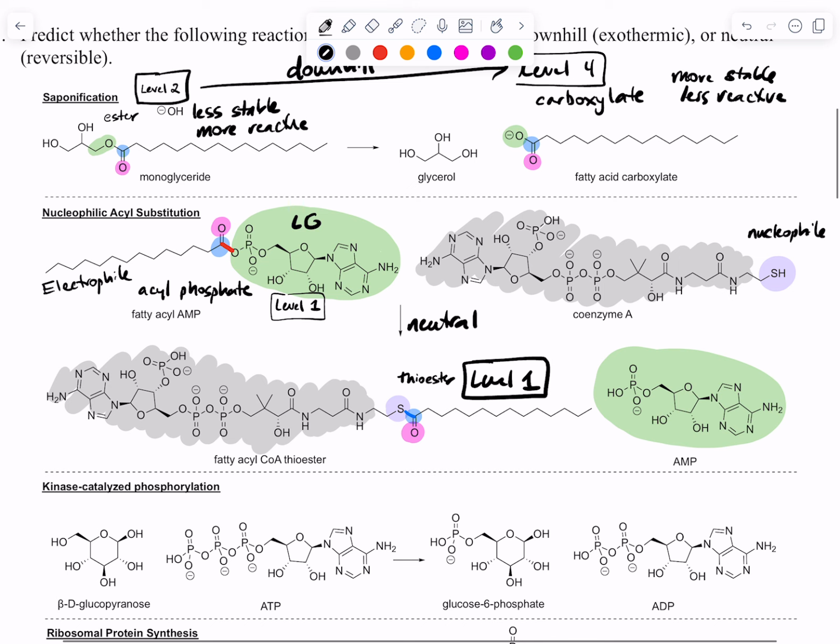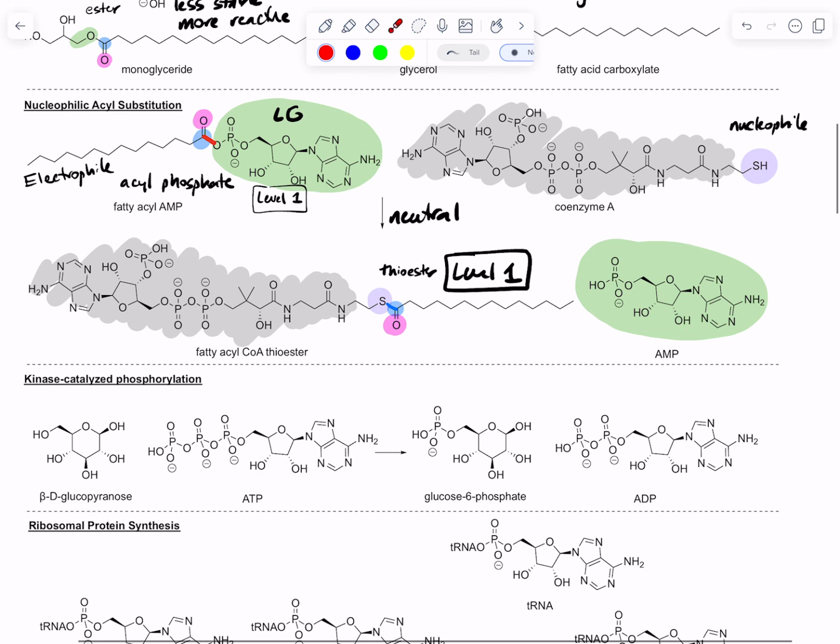Okay, yes. So one of the things you're noticing is there's a proton on glycerol, and you're thinking the leaving group should have had an O- on it, right? Similarly, you're noticing that here the leaving group has a proton on it, whereas here it should have been O-.